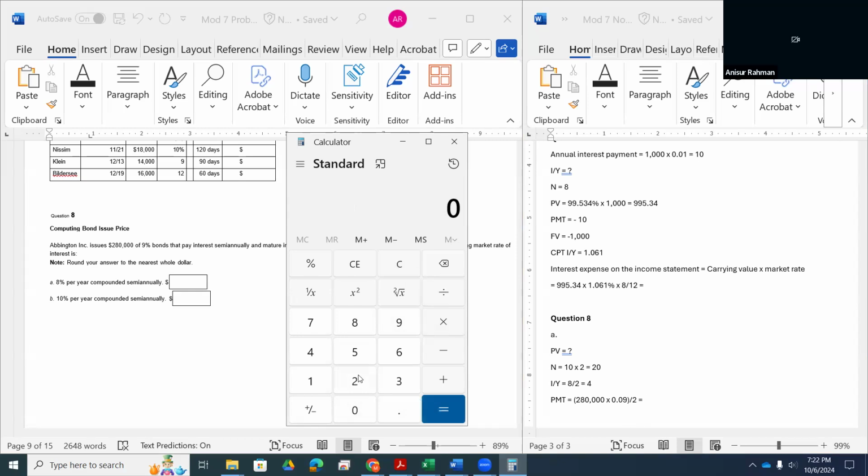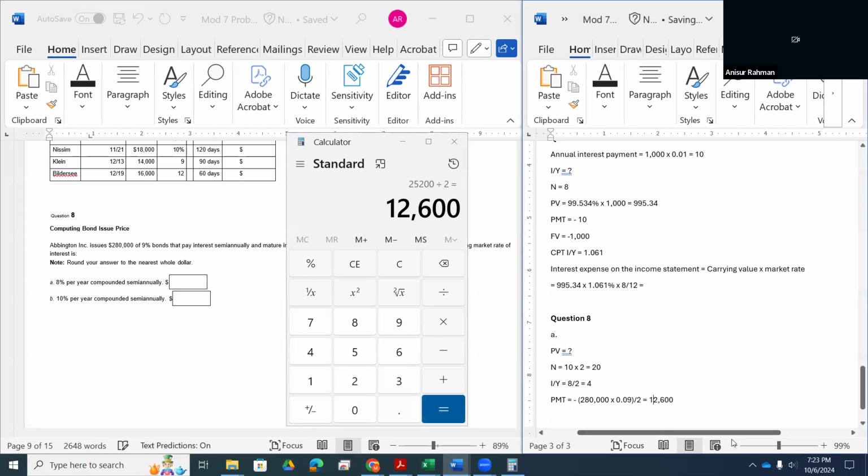Let me redo this. So 12,600, because the company is paying this amount, it will be a negative value. And then the future value is negative face value, which is 280,000.